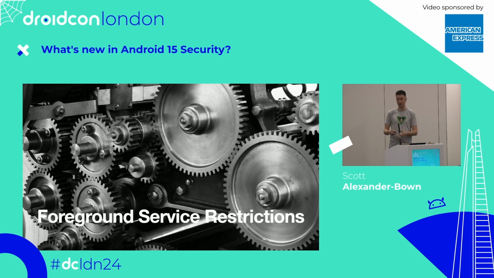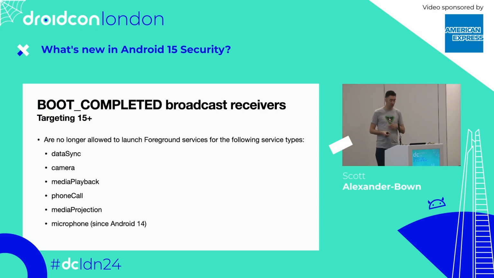There are further restrictions. The ones that I picked out were: if you have a boot completed receiver, which is triggered when the device is fully booted, and you try to launch one of these foreground service types, you're out of luck. From now on, you're going to start getting a foreground service not allowed exception.